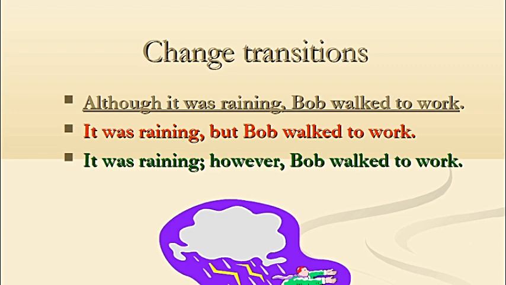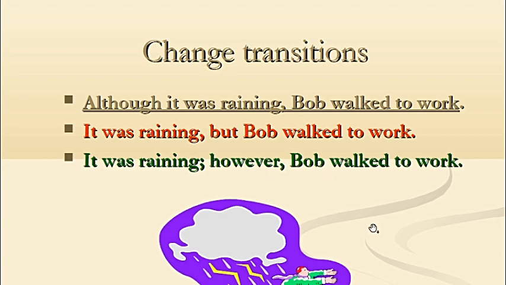Now this is about change transitions. Transition means you're going to have some conjunctions, means linking words. Although this shows a complex sentence, although it was raining, Bob walked to work. It was raining, but Bob walked to work. It was raining, however, Bob walked to work.